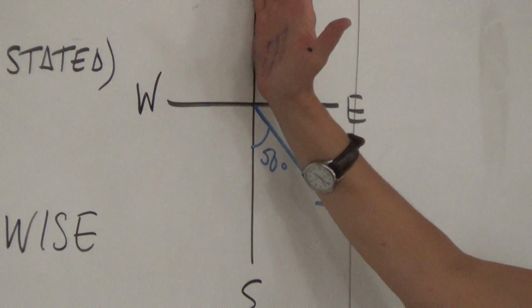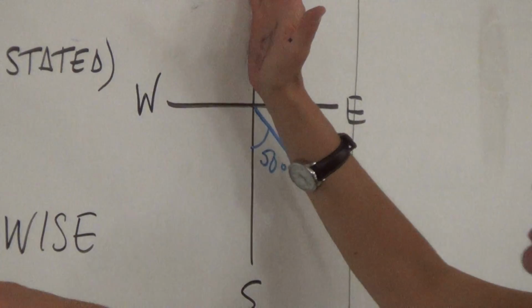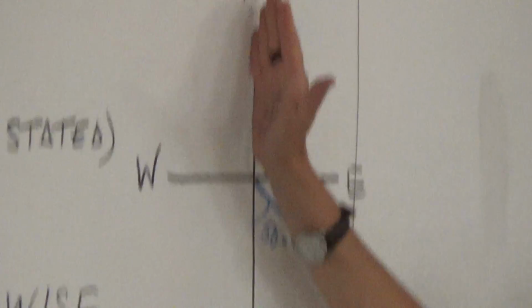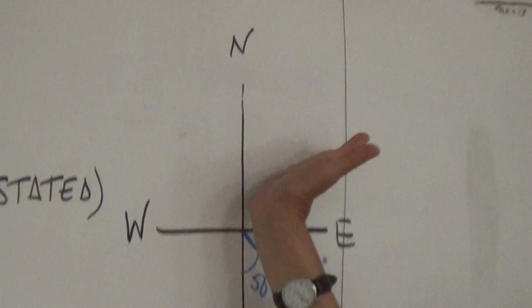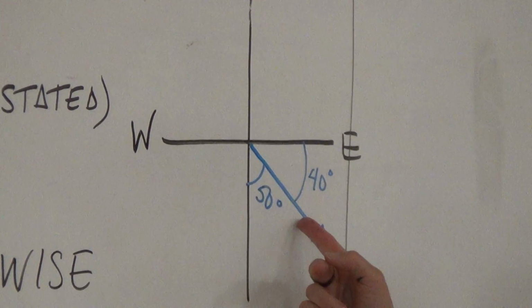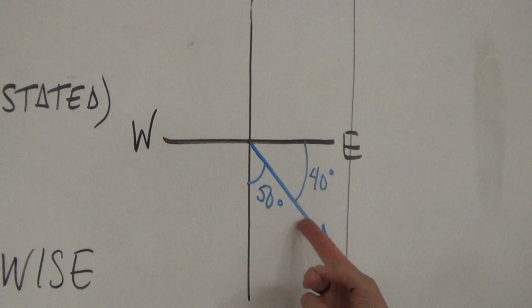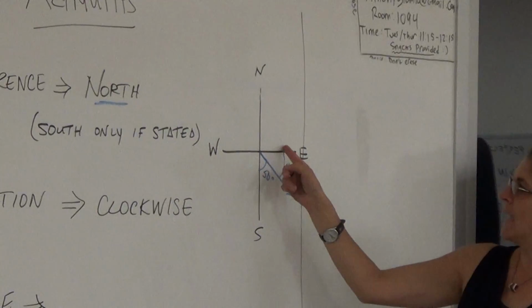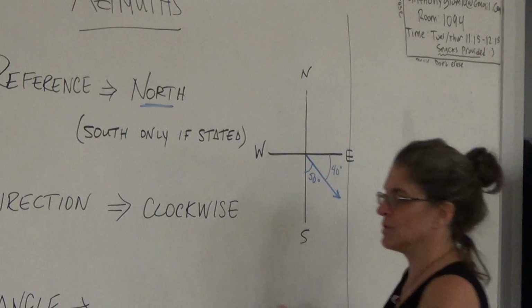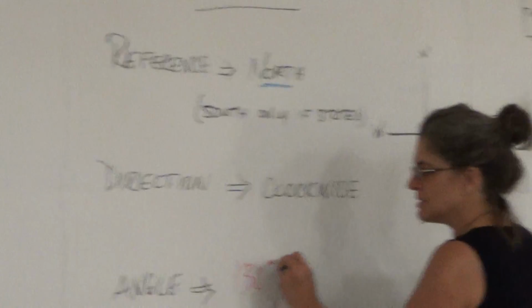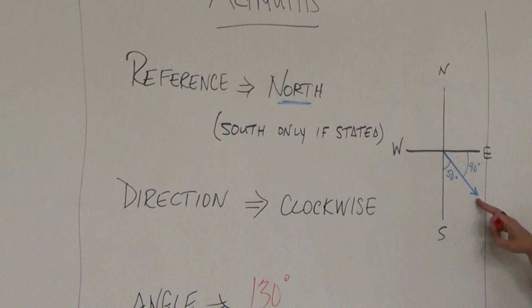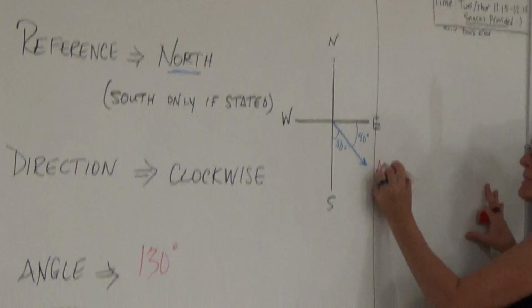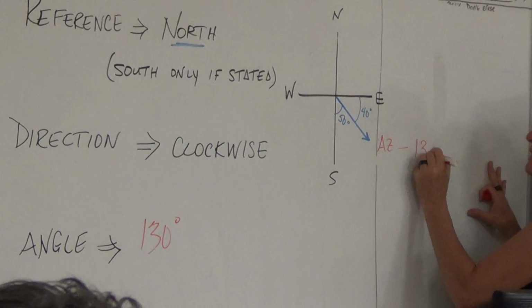So first you're at north, and then the direction is you always move clockwise, right? So we're moving clockwise until we hit the blue line. And what is the angle here? 90 plus 40, so it'd be 130 degrees. That's it. The azimuth of this line is 130 degrees.